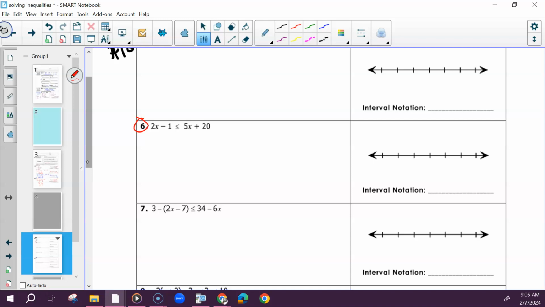Any others? All of these problems are problems that have variables on both sides. So just like our equations with variables on both sides, you can pick and choose what you want to solve. So what do you want to move? What do we want to move first?